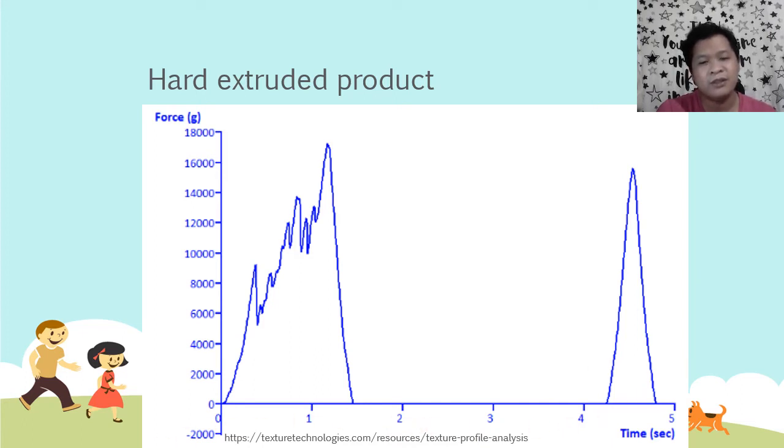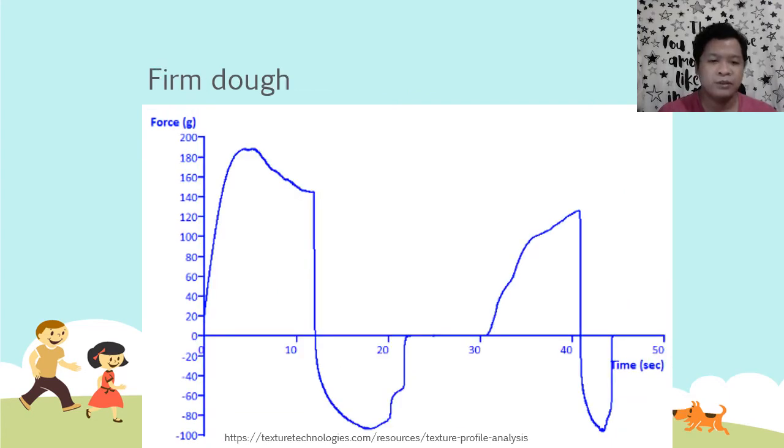So medyo weird lang itong product na to. If you can imagine a product with multiple fractures, possibly mayroon siyang multiple layers na hindi even yung structure niya as you bite through it. Maraming durog na nagaganap.